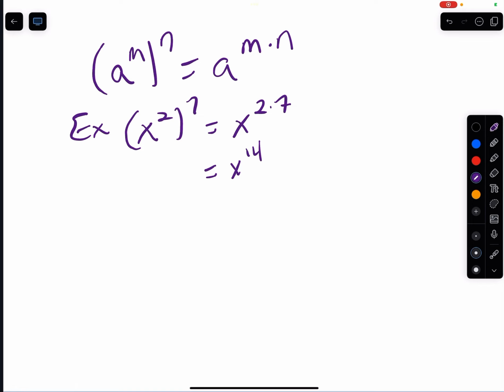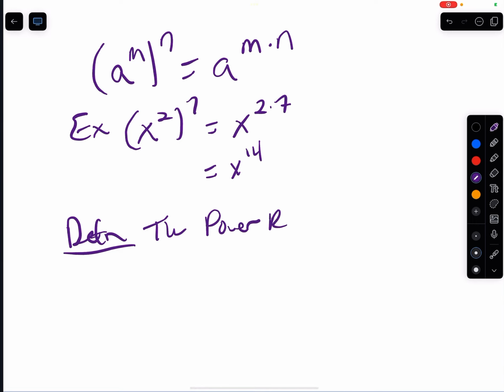Now let's do this definition so it's completely clear to us. This is the power rule of exponents.